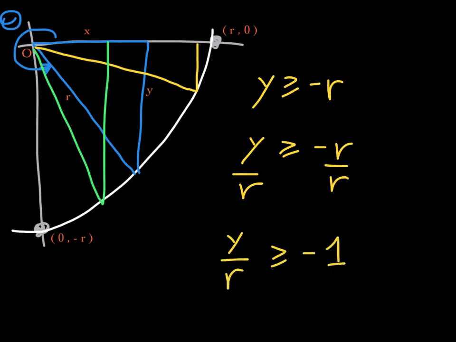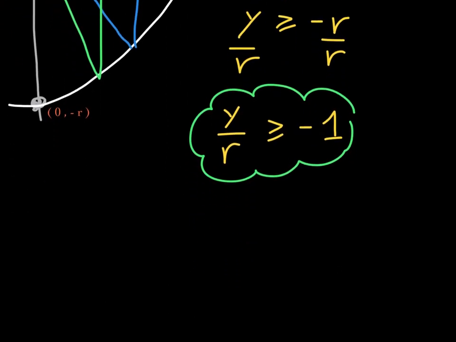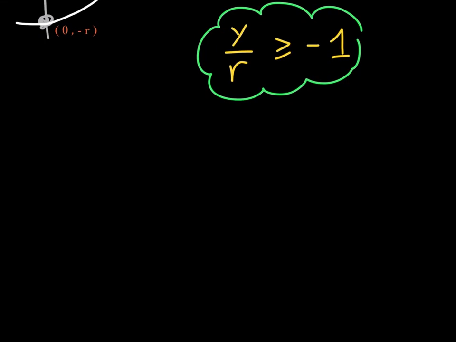All right, now I want you to take this statement here and the previous statement that I asked you to recall and put them together. So a minute ago, we had that y over r is less than or equal to 1, and now we have y over r is greater than or equal to negative 1. So if I combine those two statements, I have the following.